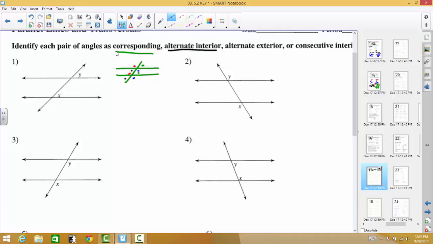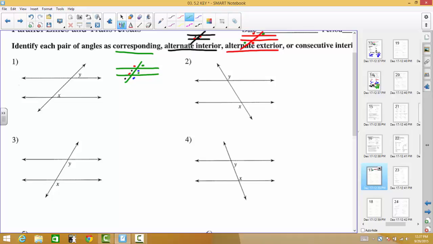Alternate interior angles, if you have your two parallel lines, are on the inside, so it would either be these two or these two. And alternate exterior, if you have your two parallel lines, they're on the alternate side of the transversal and on the outside of the parallel lines. That'd be those two, or these two.